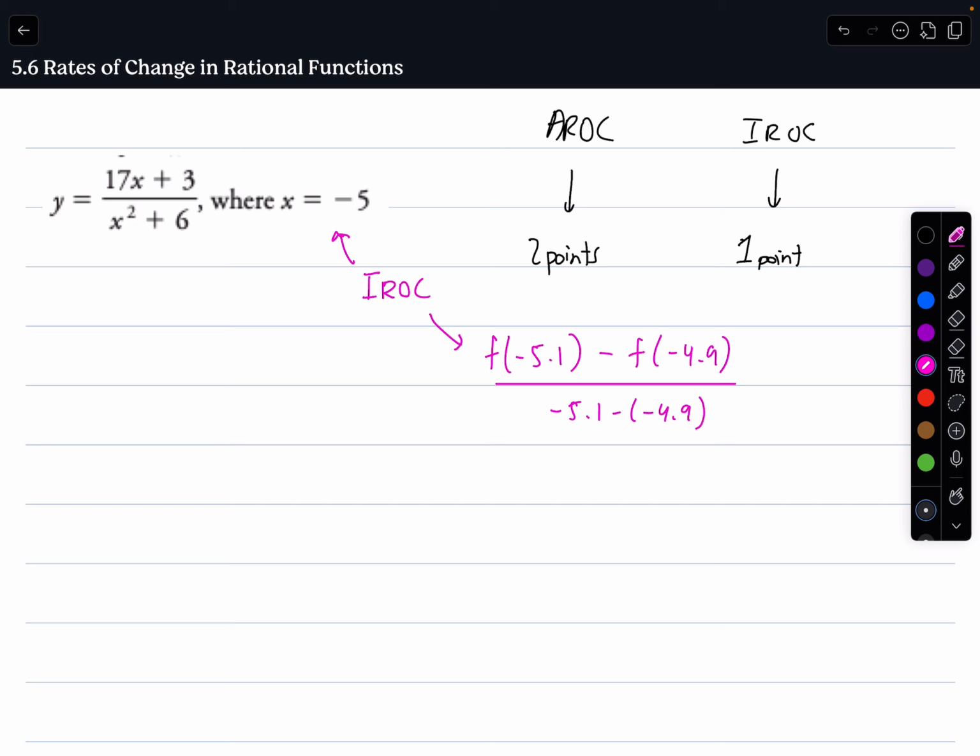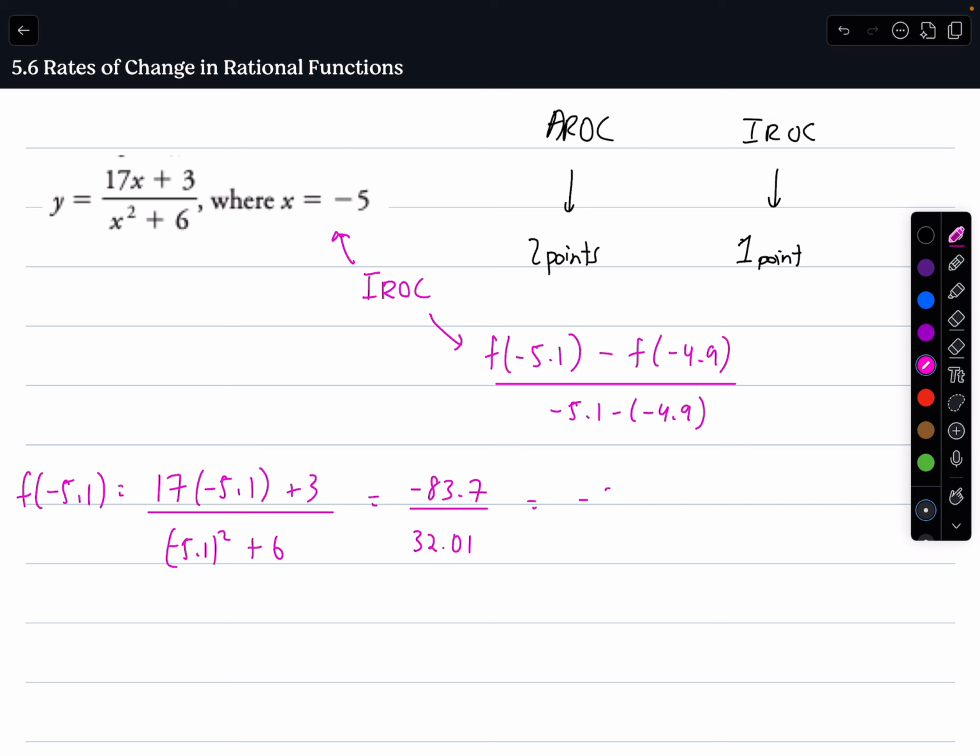So let's find these out first. f at negative 5.1 is going to be 17 times negative 5.1 plus 3 over negative 5.1 squared plus 6. So 17 times negative 5.1, you get negative 83.7 all over 32.01.